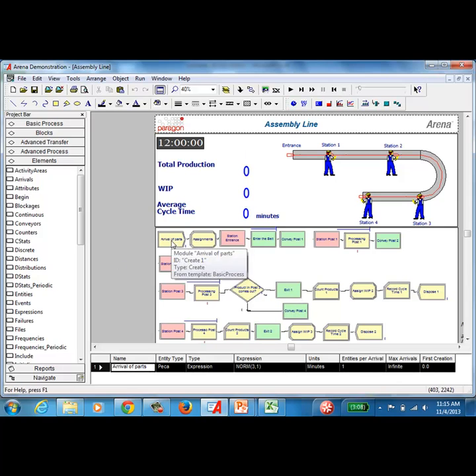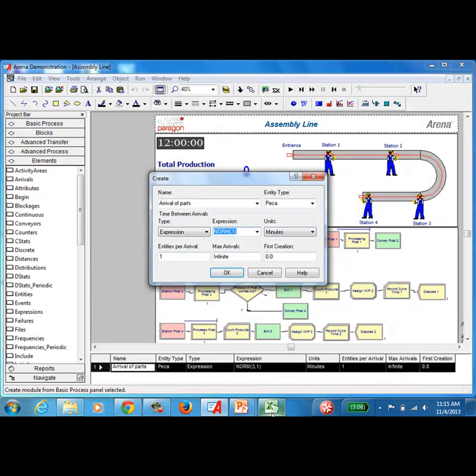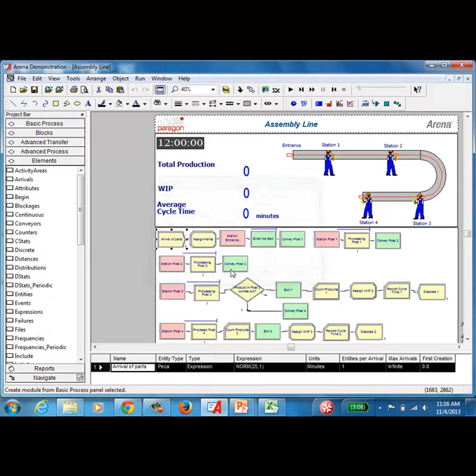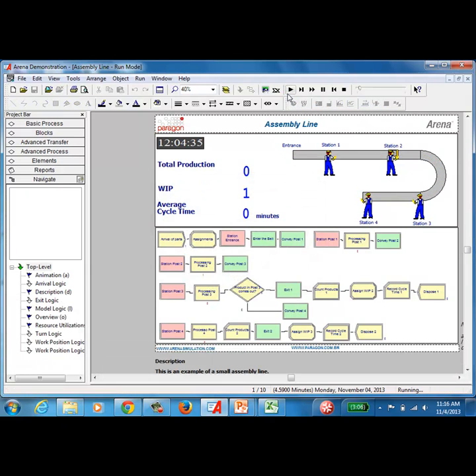Now let's change this to 25. 25, or what's the number? 25, yes. You see, now you have those operators idle because you only have arrivals every 25 minutes.